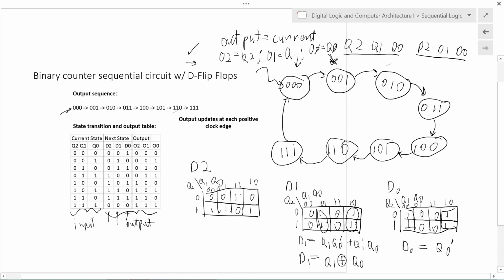Finally, we have one group, two groups, and three groups.